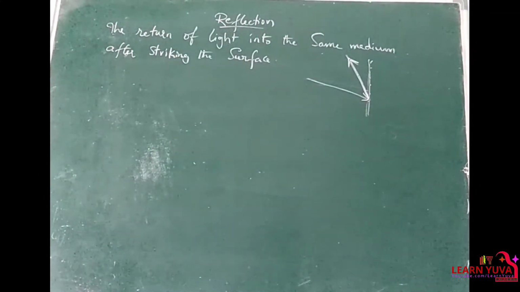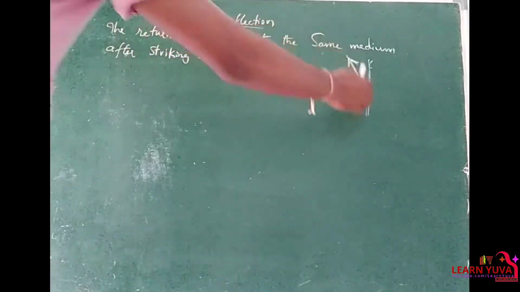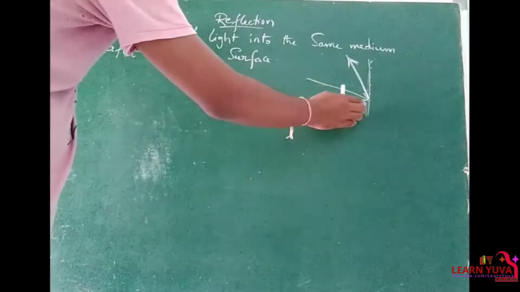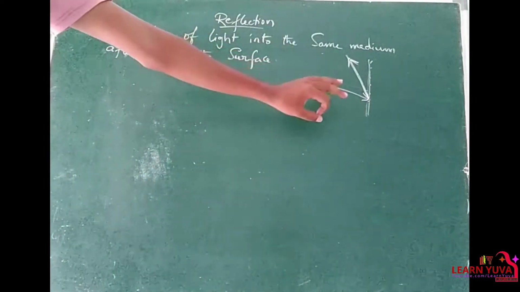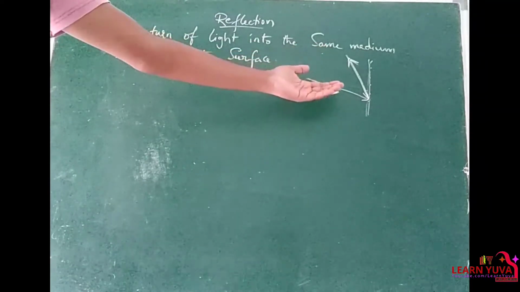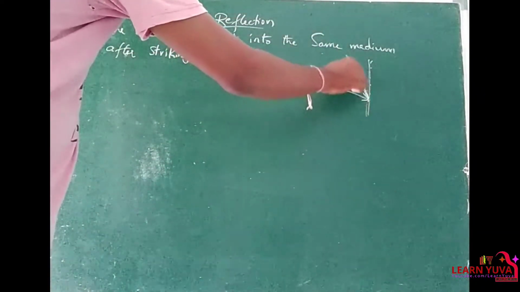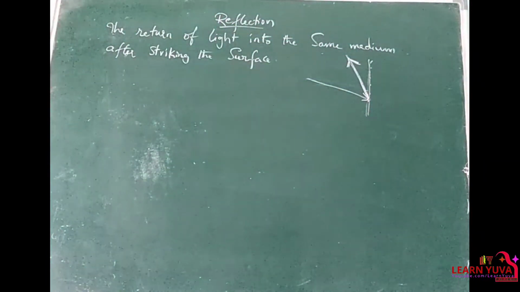Reflection of light can be defined as: a beam of light is incident on a surface. Whenever light rays fall on the surface, some part of the light rays gets returned to the same medium, and these light rays are nothing but reflected light.